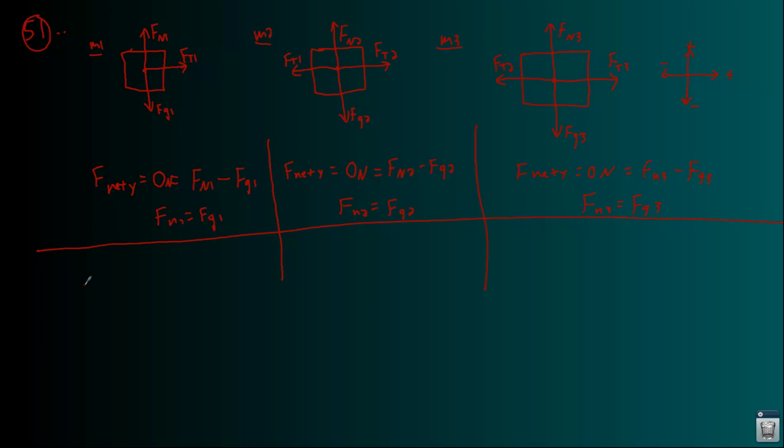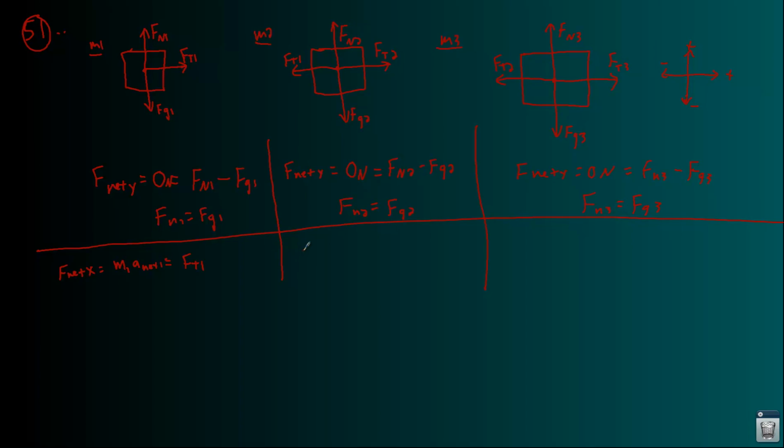Now let's do the x direction forces. F net x. It's going to be moving along this direction, speeding up actually because there's no friction. And so there is an acceleration. It's mass 1 times whatever the acceleration on block 1 is, and that's going to equal, what are the horizontal forces? Just Ft1 in the positive direction.